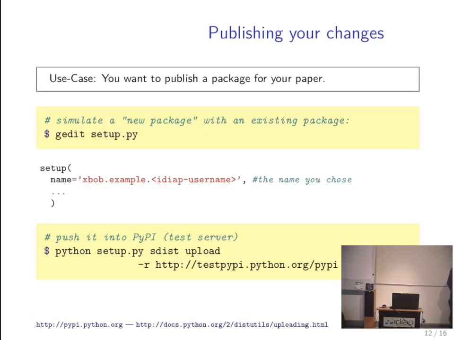So, technically, what you would need to do is just go to the setup.py and modify the package name. For example, I just gave here, I think the package is called xbob.example.lda. You could put, for example, xbob.example and your username there. And then you could push it into an index server, okay?